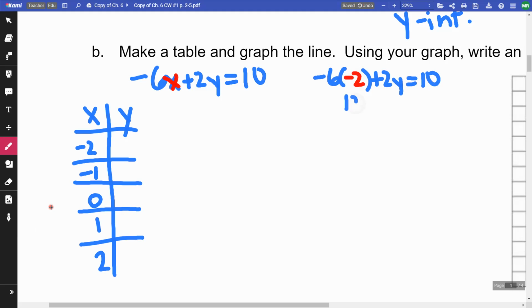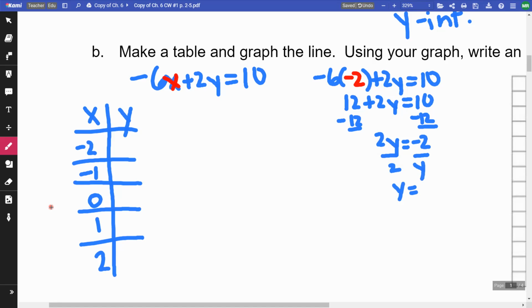So this is going to be 12 plus 2y equals 10. I'm going to solve by subtracting 12 from both sides. I get 2y is equal to -2. I'm going to divide both sides by 2, and I get y is equal to -1. So I have a point, -2, -1.